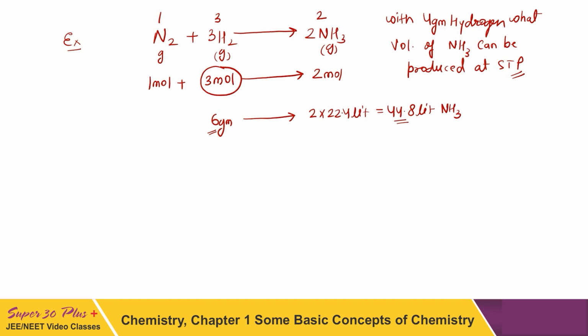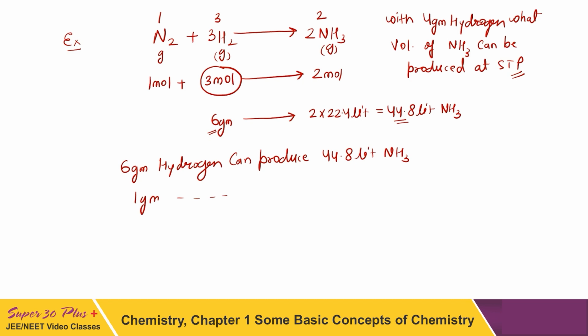Now I will use the unitary method. 6 gram hydrogen can produce 44.8 liter ammonia. 1 gram of hydrogen can produce 44.8 by 6 liter NH3. And what about the 4 gram?